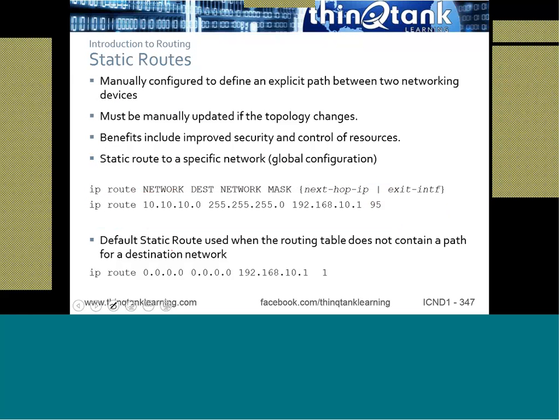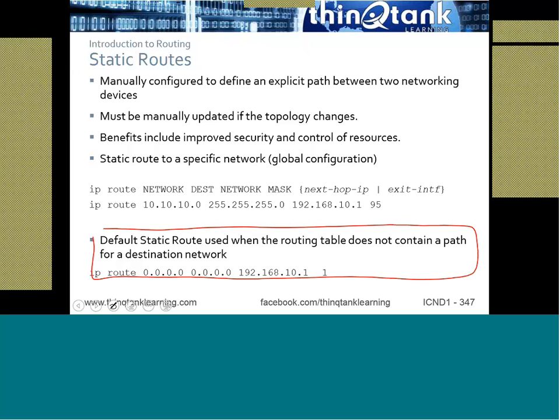There's also another special type of static route. It's called a default static route. And a default static route is kind of like a gateway of last resort. It allows us to essentially ensure that the router will never drop a packet. Now, as far as the syntax goes, we don't have to worry about that.